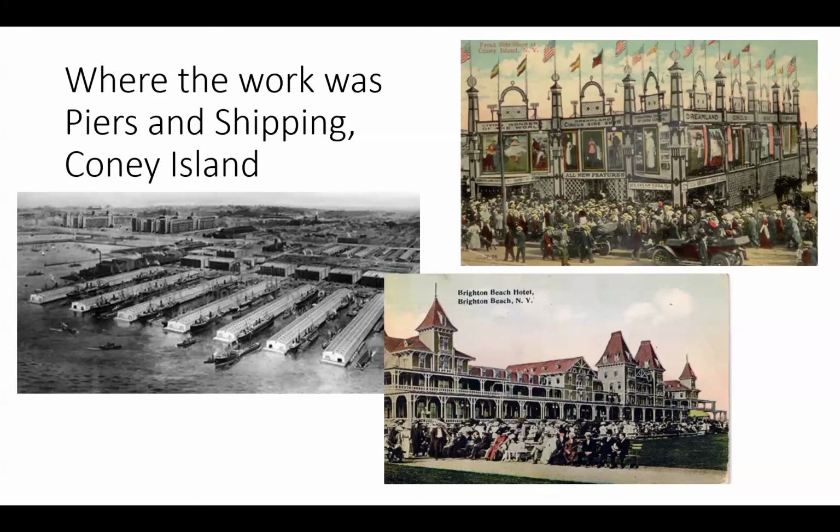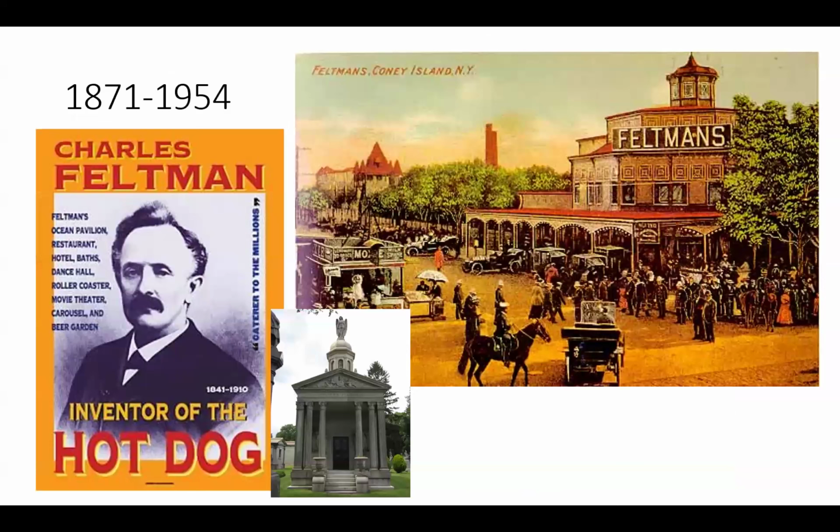Coney Island, with its magnificent hotels and later mass entertainment, offered employment and financial opportunities for everybody. And the Jews definitely got into the entertainment, hotel industry, and other types of industry.